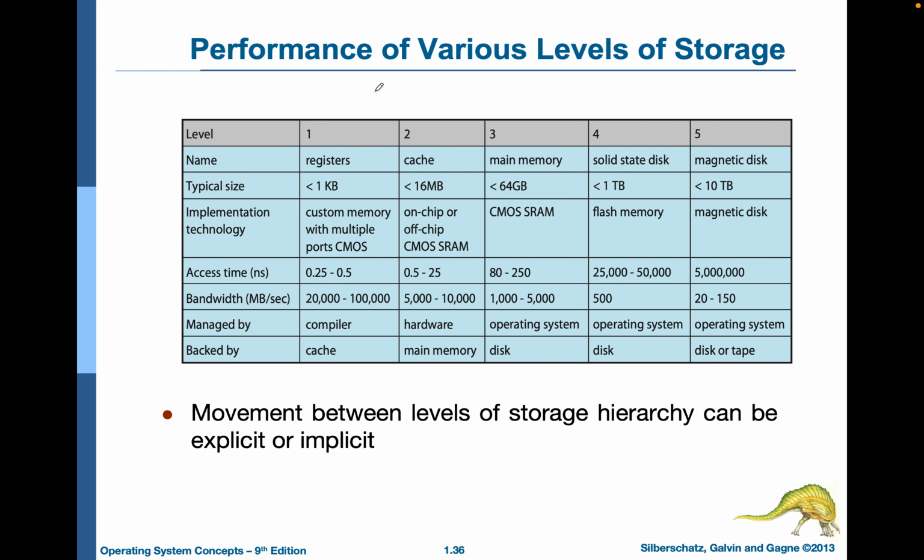So first of all, level 1 is register, second is cache, third is memory, fourth is solid state disk, and fifth is magnetic disk. I don't know whether it is similar to your last pyramid or not, but here you need to know in terms of size. You can see how big it is compared to the others.